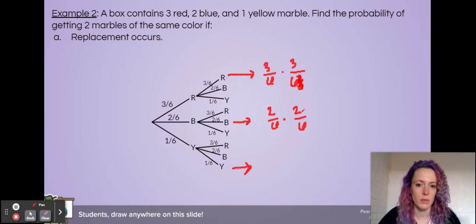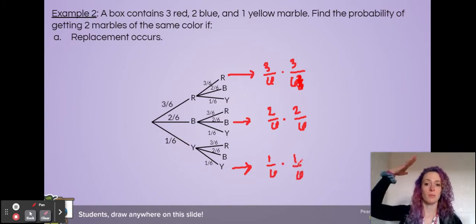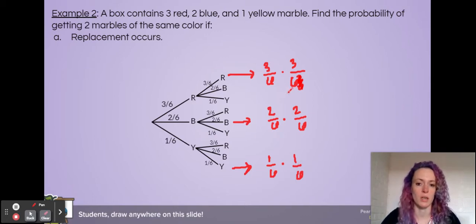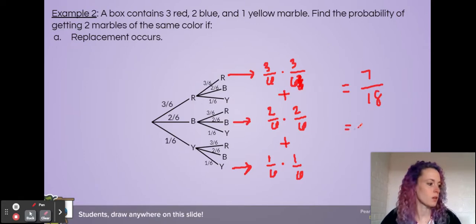And again, you can simplify these: 1/2 times 1/2, 1/3 times 1/3, and my yellow 1/6 times 1/6. And then again, I'm going to take all three of those and just add them up. So all three of those products added up means I'm looking at a probability of 7 out of 18, or the decimal equivalent of 0.389 to 3 sig figs, either way.